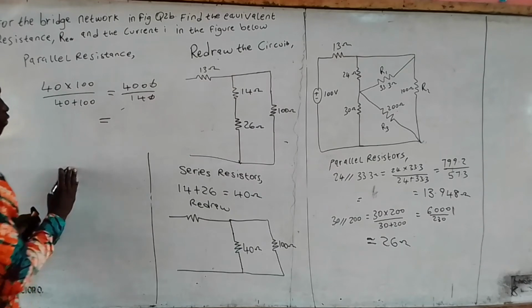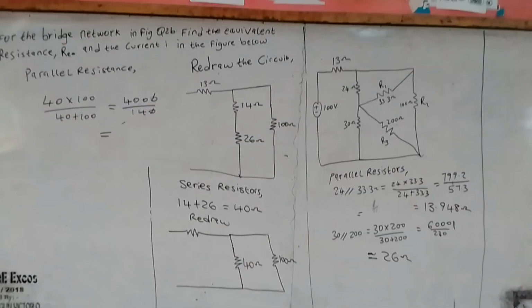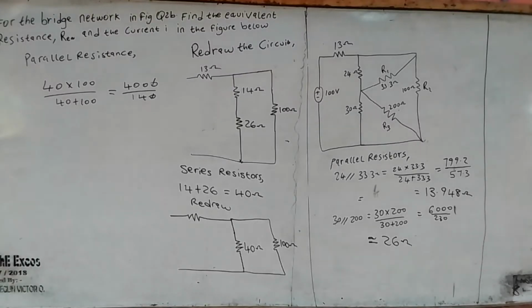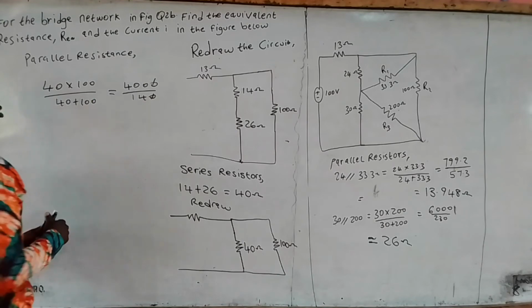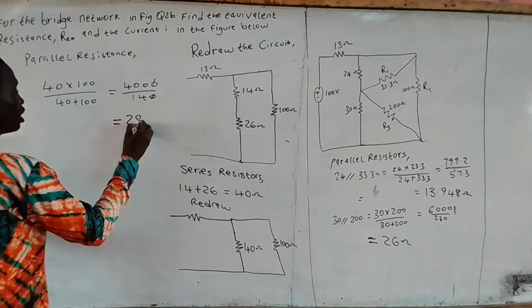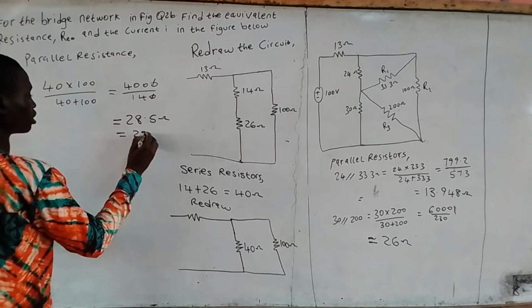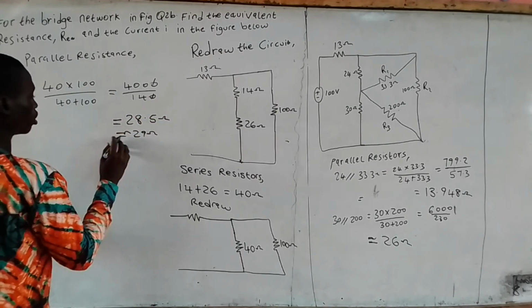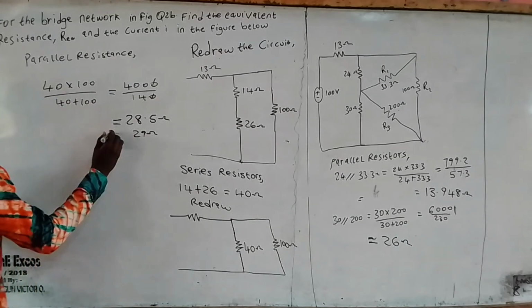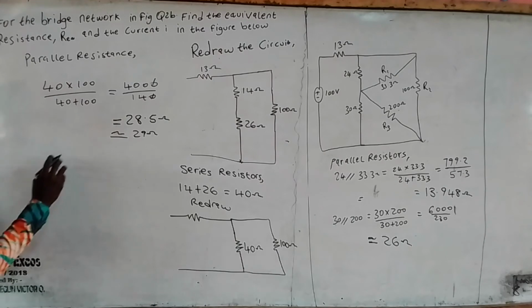Okay. 400 divided by 14 will give us 28.5 ohms. And this is approximately 29 ohms.